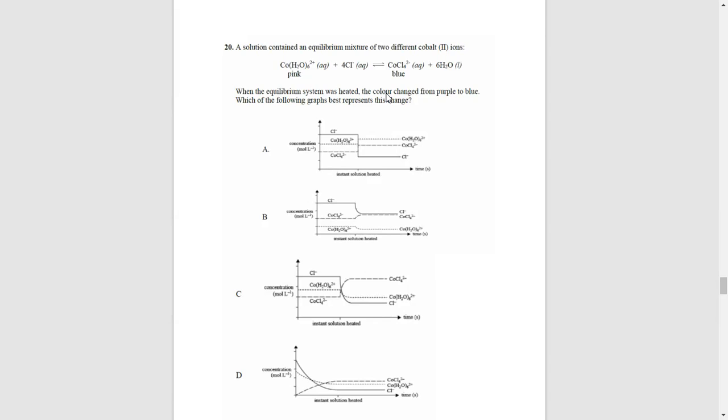Okay. So if you're going from purple to blue, that suggests, considering that you've got pink and blue, that you've shifted right. And it might make sense to think about, I mean, you don't need to know this, but it might help.